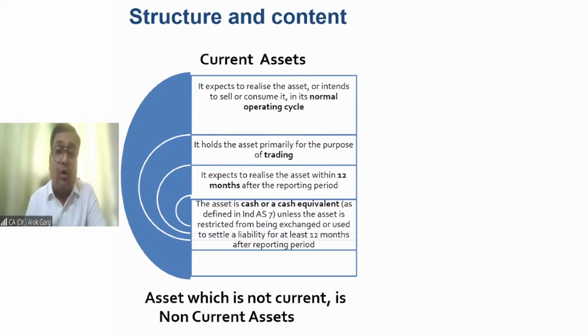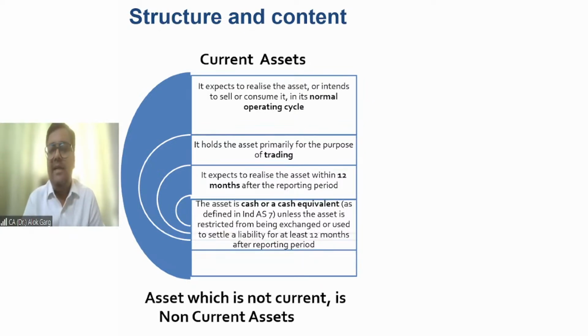Or if the normal operating cycle cannot be identified, and that asset can be realized, sold, or consumed in the next 12 months, this will be considered a current asset. Or if that asset is held for the purpose of trading, or if that asset is cash and cash equivalent.